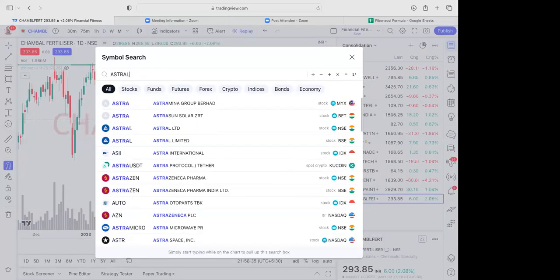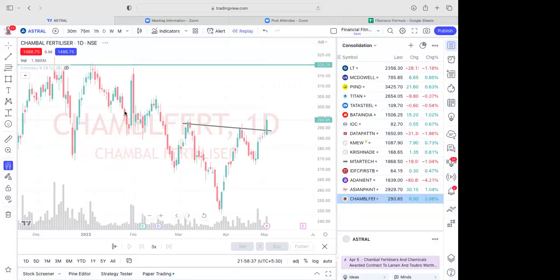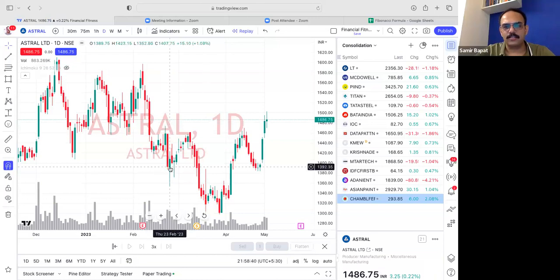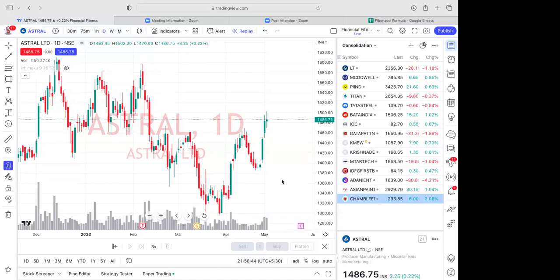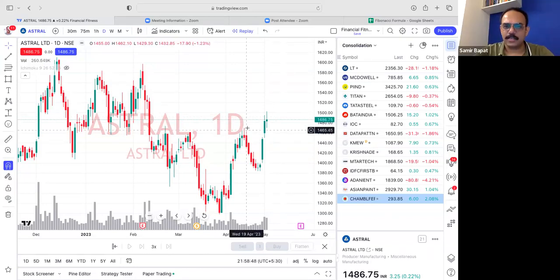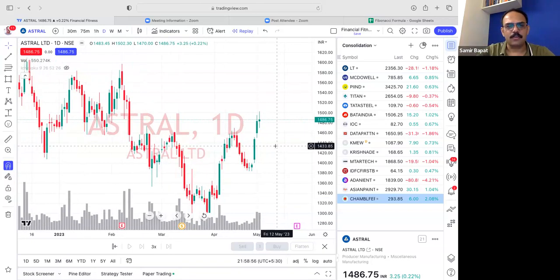Astral, this is the bottom, this is the bottom. Okay, be cautious. Yes, it has done a breakout here and we have volume also, we have earnings coming in, so things are matching. You can go ahead, the likely target can be till here.